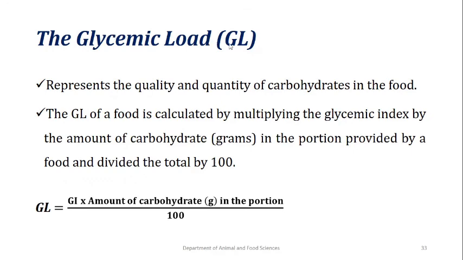Then this glycemic load helps to overcome the limitation of the glycemic index. And also the glycemic load is more reliable than the glycemic index, because it takes into account the amount of carbohydrate in the portion of food together with how quickly it raises the blood glucose level.